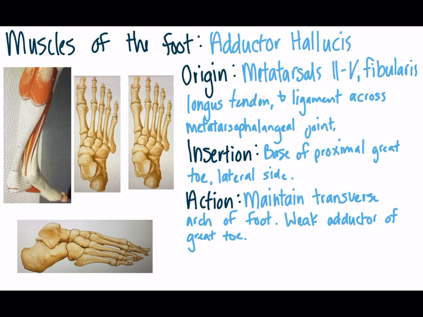And the last muscle is the muscle of the foot, and it is the adductor hallucis, and it is this muscle right here. Its origin is metatarsals 2 through 5, the fibularis longus tendon, which I couldn't really find a picture of, but it comes through on the heel, and the ligament that crosses the metatarsophalangeal joint, right here.